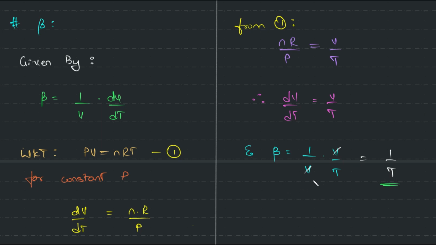So an ideal gas at a constant pressure has a coefficient of cubical expansion, which is a constant, of course, and it's given by this particular value.